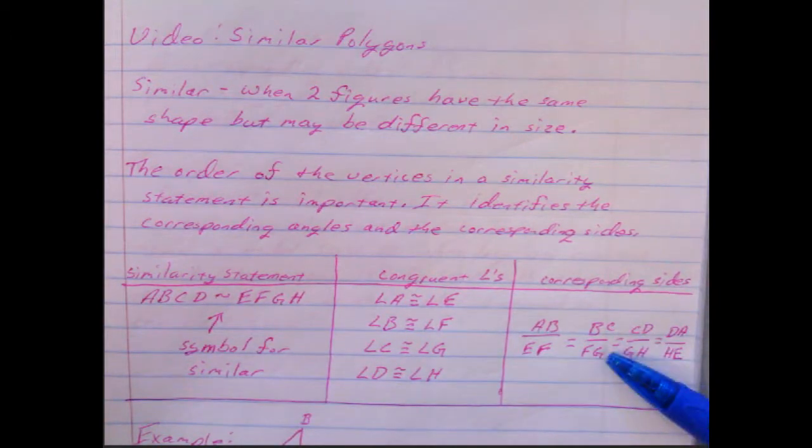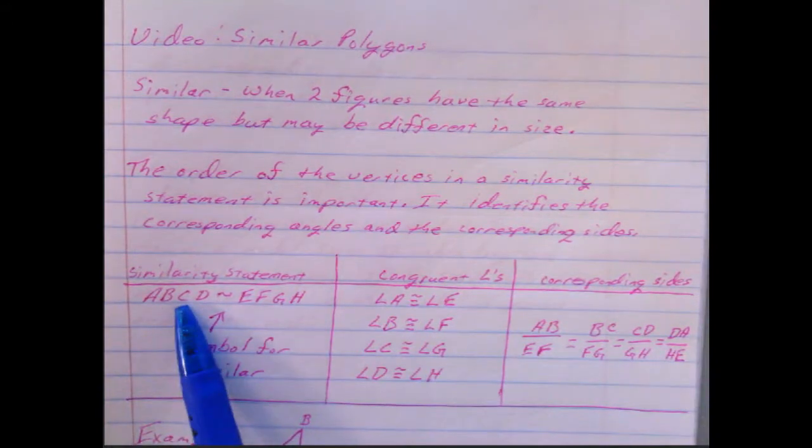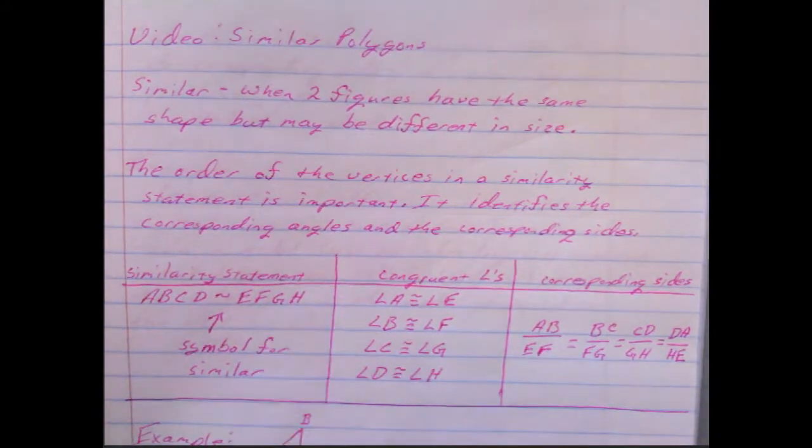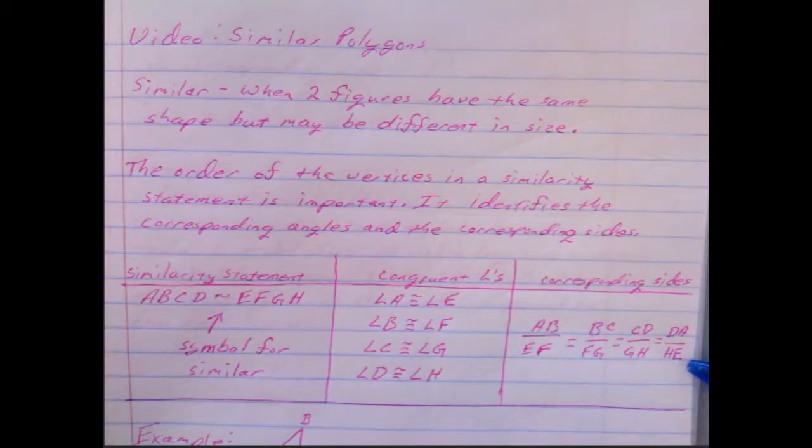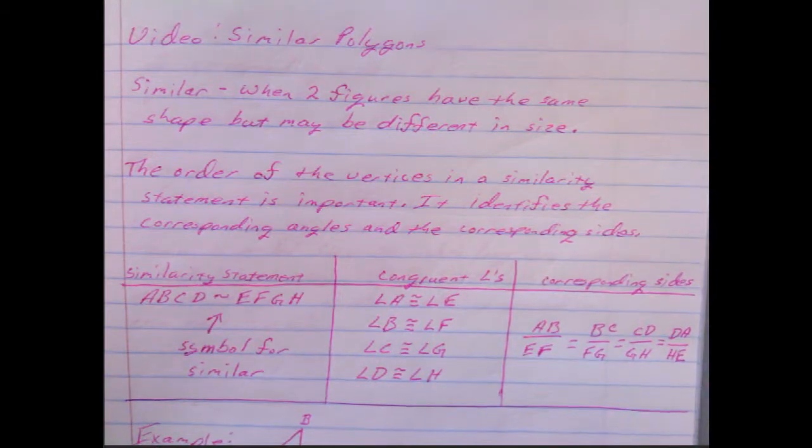So BC to FG, BC is the middle two, FG is the middle two, so that ratio should also be the same. CD to GH, and DA to HE. So your ratio of one figure to the other should be the same for all of your sides. Okay, so let's do an example.